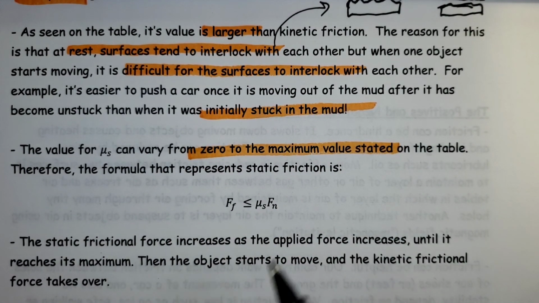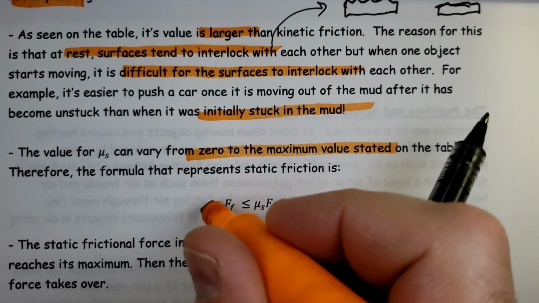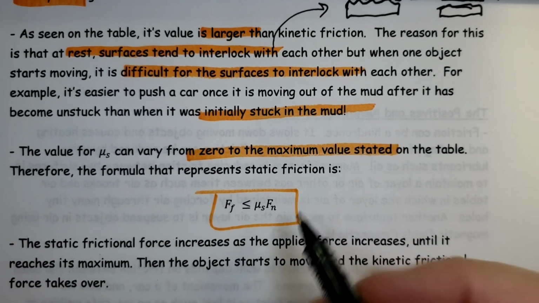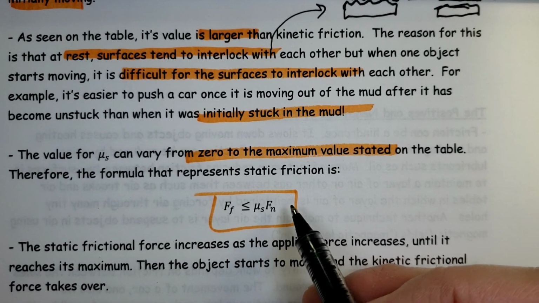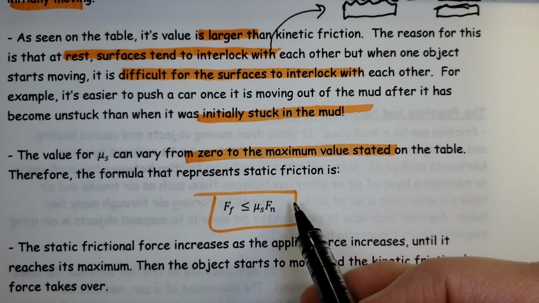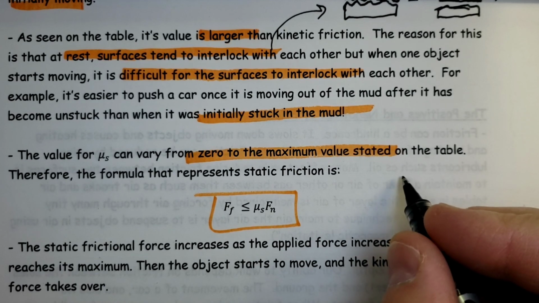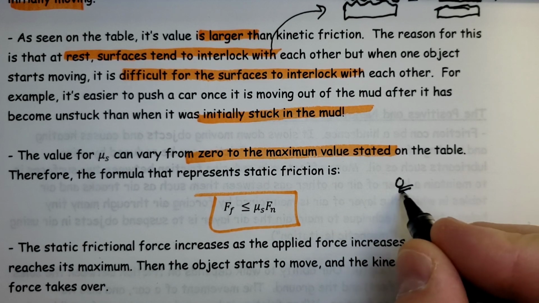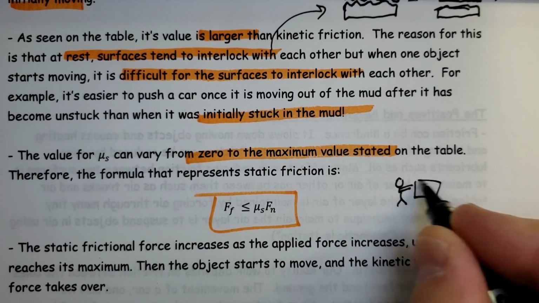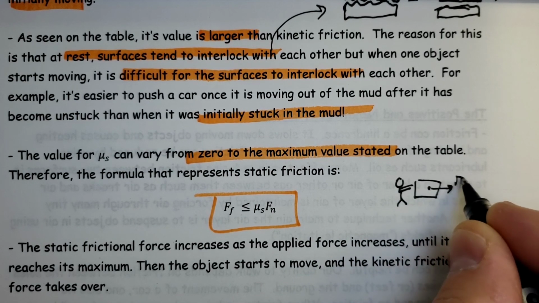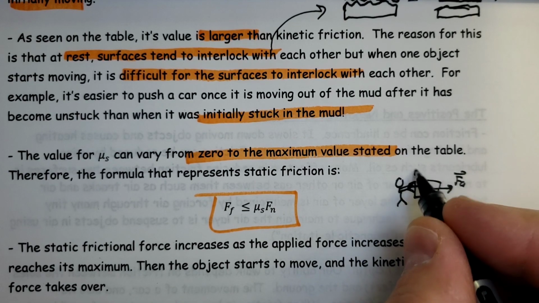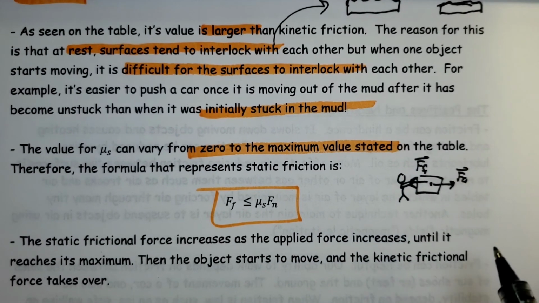The value of mu s can vary from 0 to a maximum number. Therefore, it's a similar equation, except here we use the less than or equal to sign. Because if an object is just sitting there, there is no friction. If I start pushing it a little bit, the friction is more. So let's see if I can draw this. If I have a dude here pushing, then the Ff will be that.